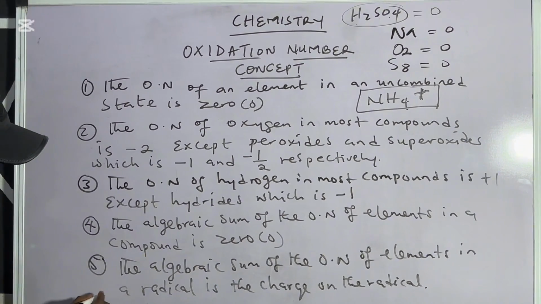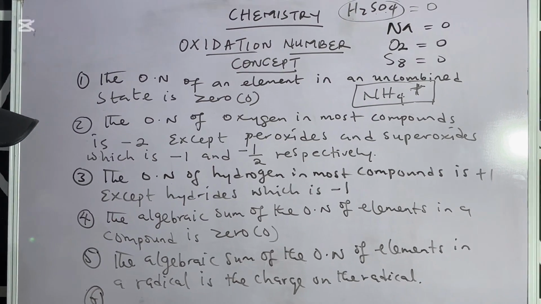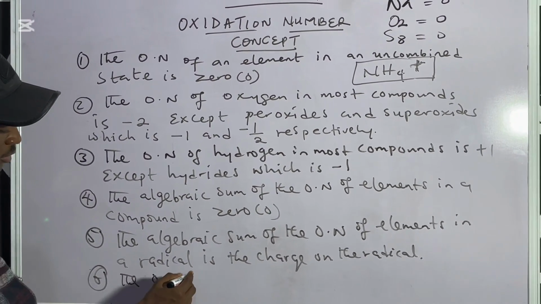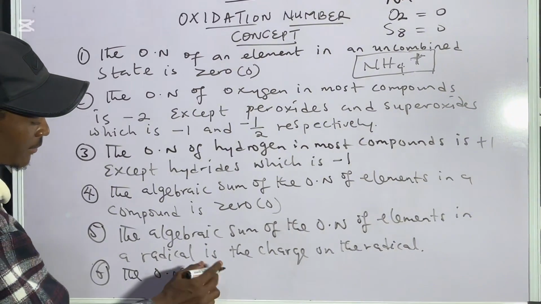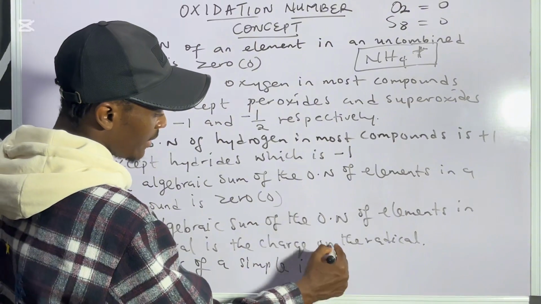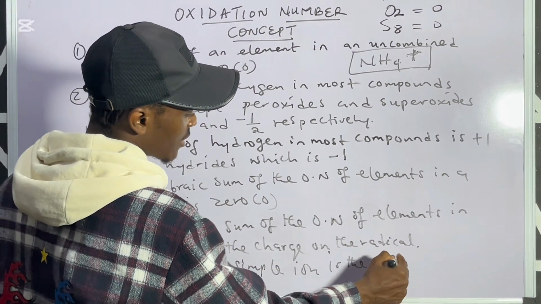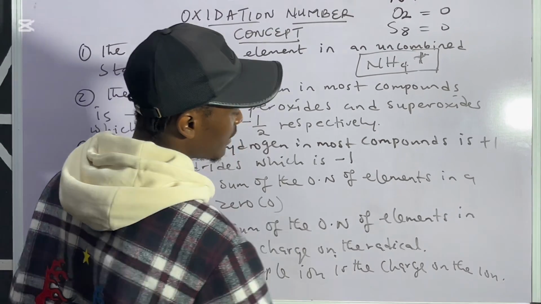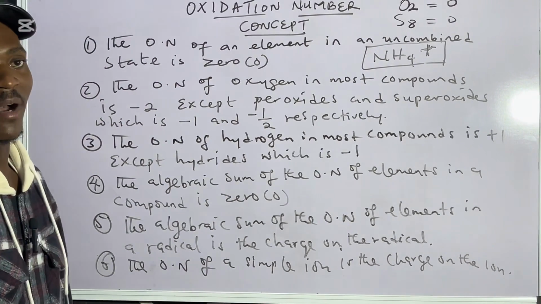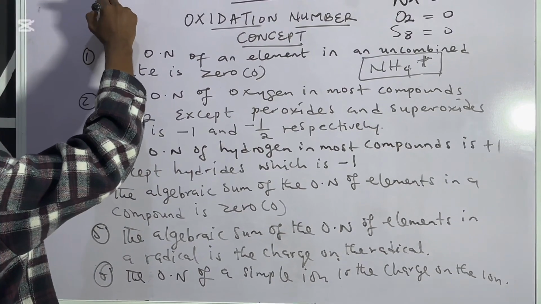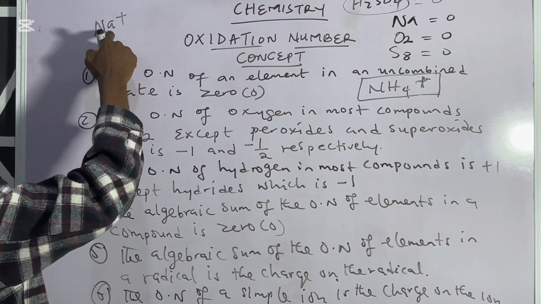Then rule 6: the oxidation number of a simple ion is the charge on the ion. And what does that mean? It means that when we say simple ions, we are referring to elements that carry charges. For example, Na+ is sodium ion.